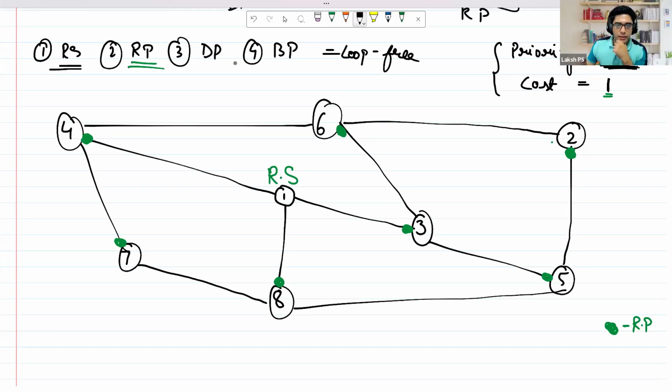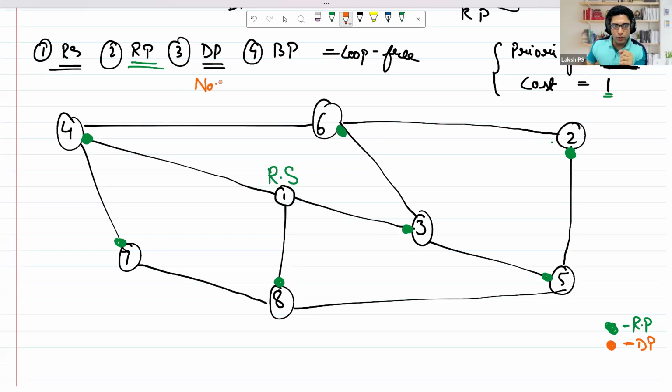Now the next one is the designated port. Elect a designated port. Okay, so I'll choose this orange color as a designated port. We know that all the interfaces of a switch except the root port are designated ports, right?